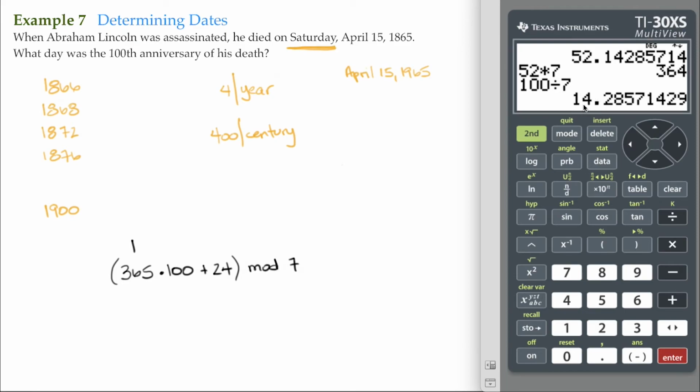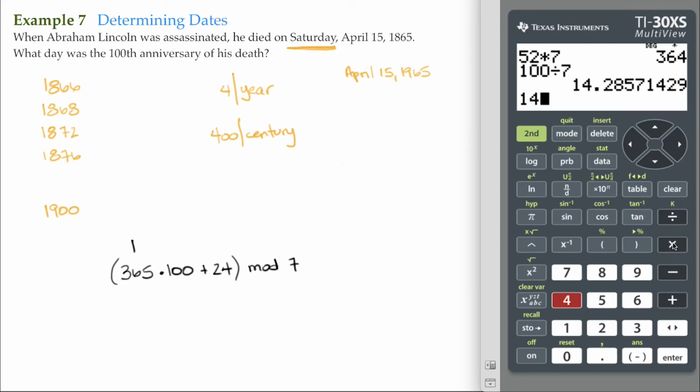We have a quotient of 14. 14 times 7. That's 98. So we have a remainder of 2. And then 7 goes into 24. Isn't it 3 times? With a remainder of 3. So we have 1 times 2 plus 3. 1 times 2 plus 3 is 5. So this comes out to be 5.